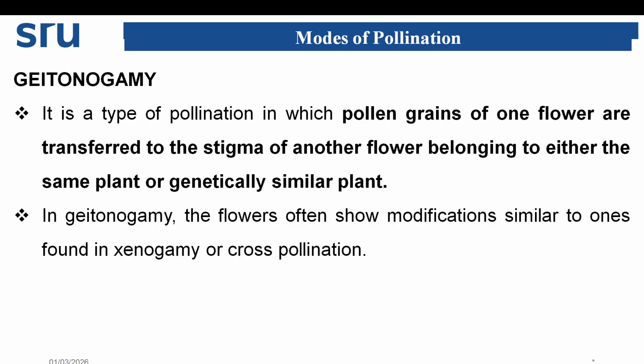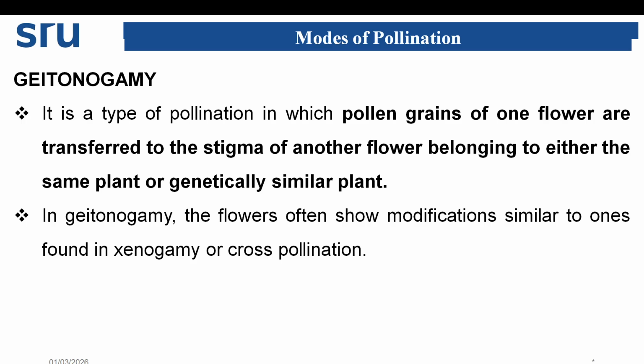Geitonogamy is a type of pollination in which pollen grains of one flower are transferred to the stigma of another flower belonging to either the same plant or a genetically same plant. That is called geitonogamy.